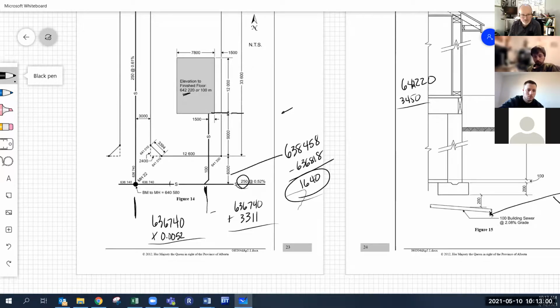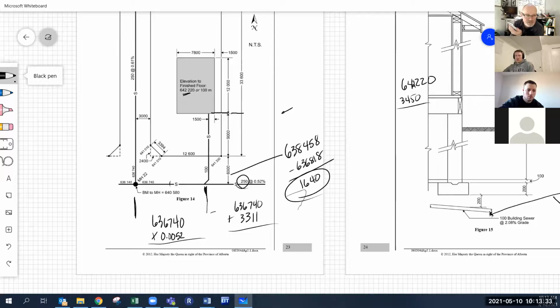Well, that doesn't work out. Hang on. 636,740 times 0.0... Isn't it supposed to be the run, not the elevation? Well, we're trying to find the increase in elevation.